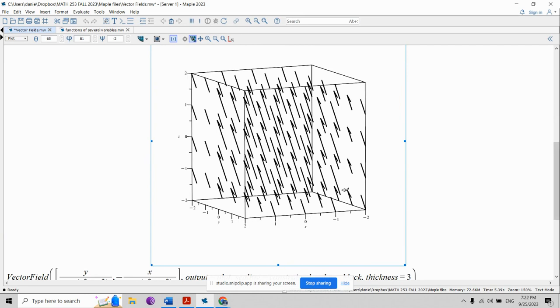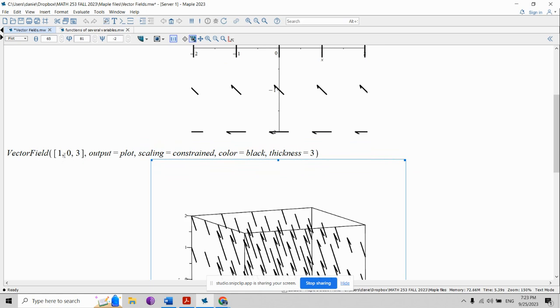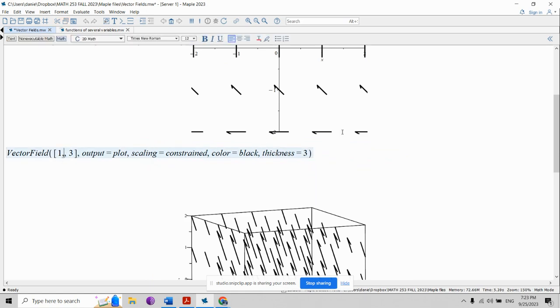Let's do the one for which only the third component is fixed. In the notes I mentioned x, y, and 3. Let's make it a little bit more complicated. Let's say, I don't know, x minus y, comma x. I want to emphasize that these components can be anything in terms of x and y.